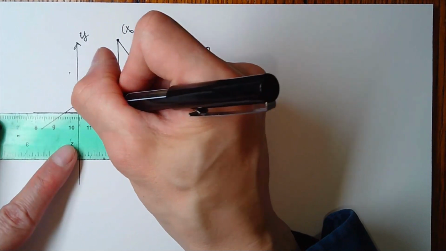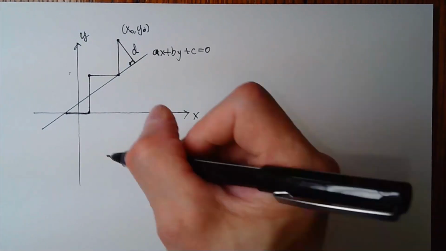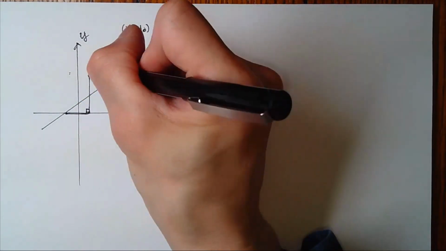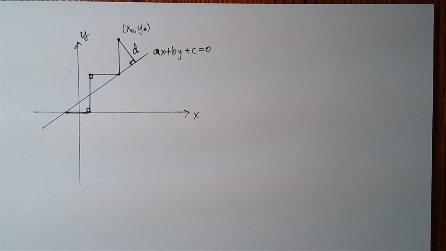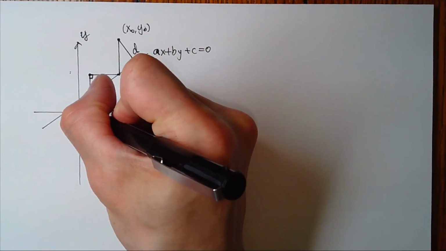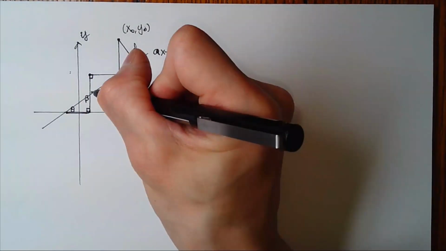Now we have three triangles here, three right triangles. Now let me call this angle theta, and let me call this angle beta. This one will be beta as well.